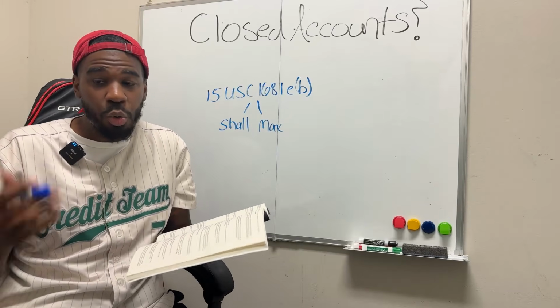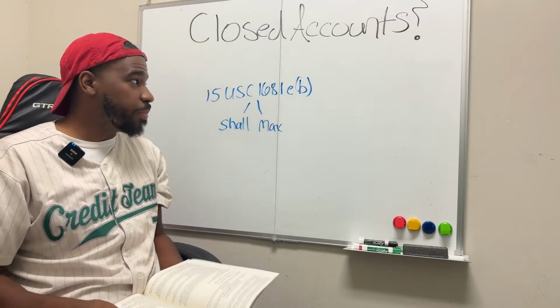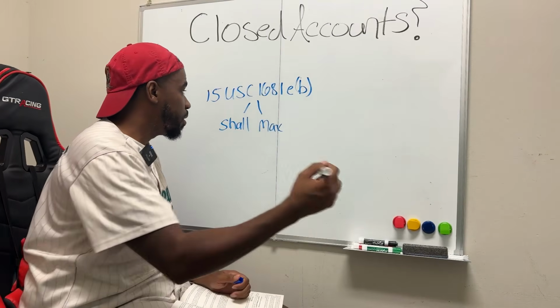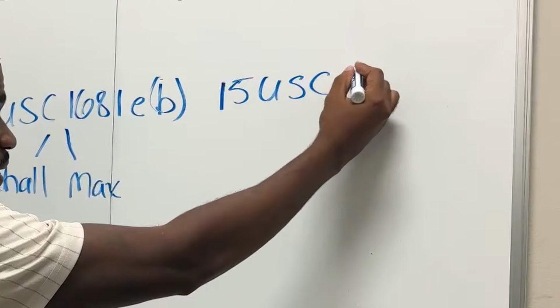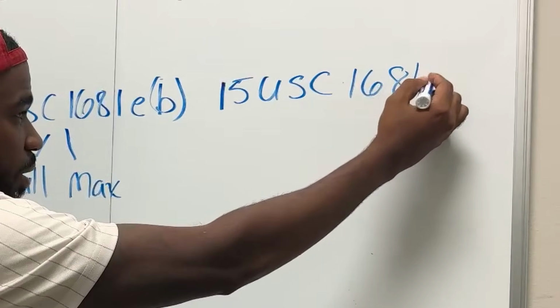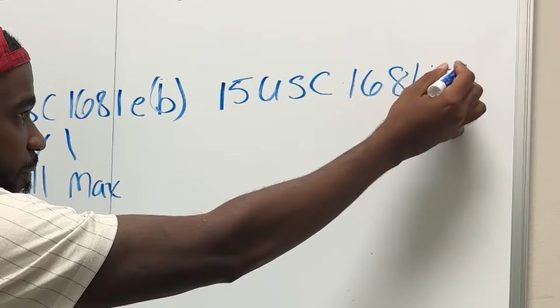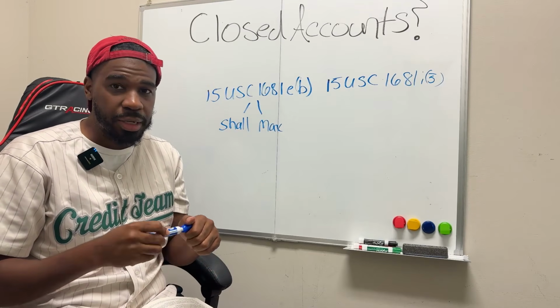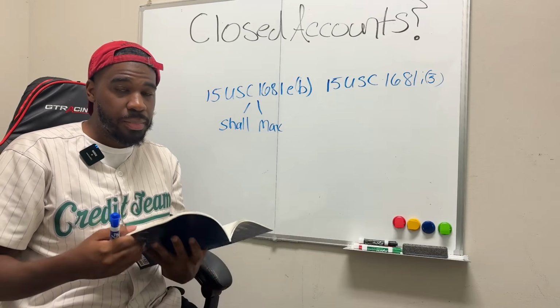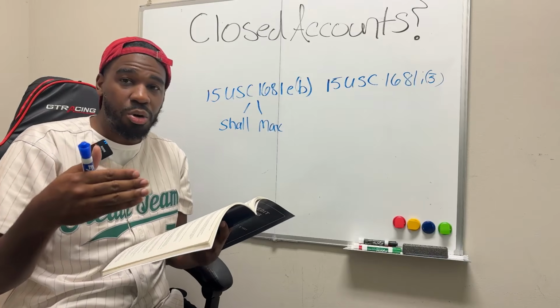So that is the requirement of Experian, TransUnion, Equifax, right? So the requirement under 15 USC 1681i(a)(5) is after or during the reinvestigation, they're supposed to either modify the account or remove the account.